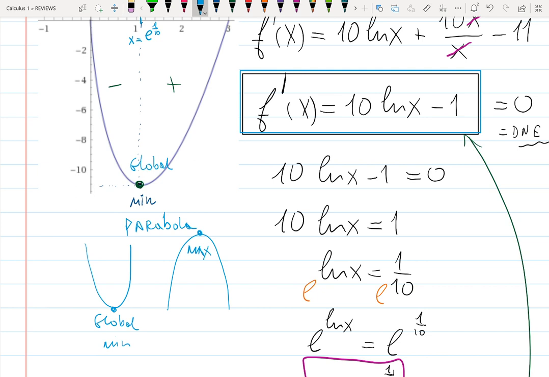A vertex for a parabola is either a global maximum or global minimum, and we can justify it with exactly the same idea. Since the function never makes any other turns, and we locate only one critical point, that critical point will be not only a local extreme value, but also a global extreme value.